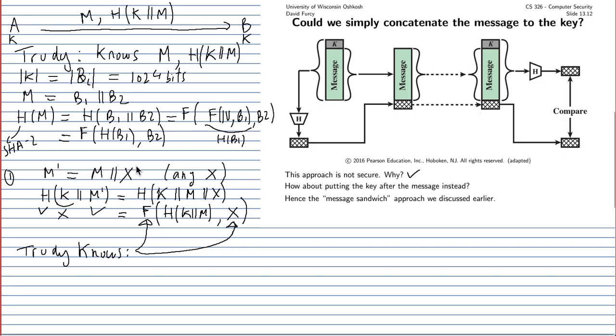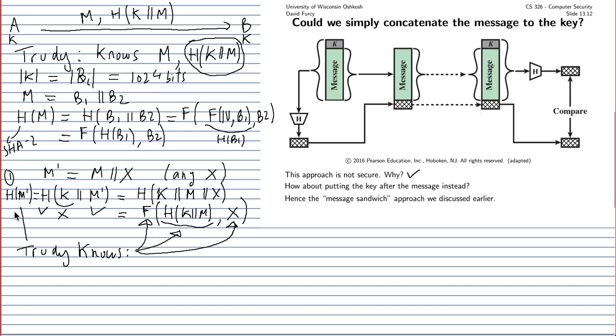Remember, this is the message she's going to want to add to M. And she also knows this. Why? Because this is the original authentication tag for the message M, which was sent here in the clear. So it turns out that Trudy knows all components of this expression, which is equal to the hash code of M prime.